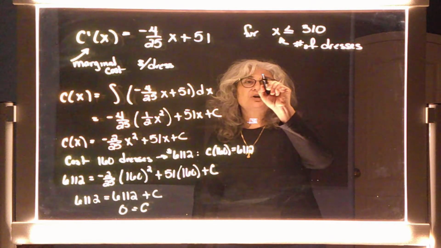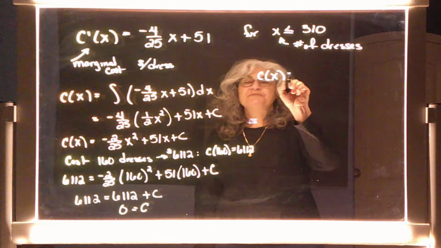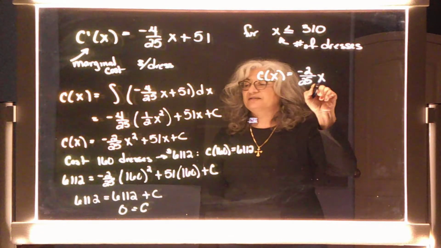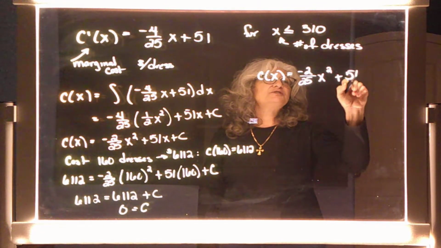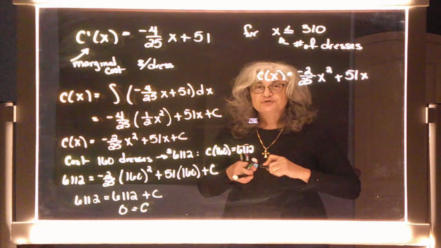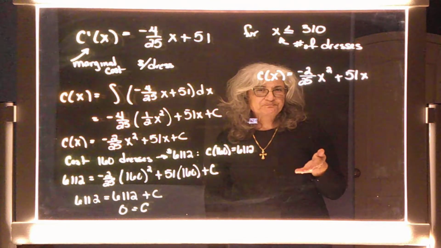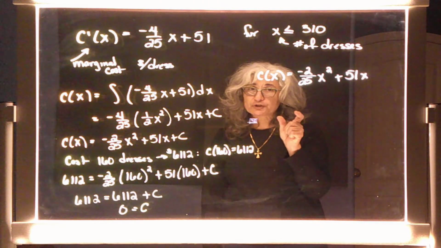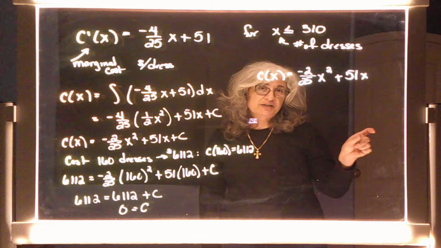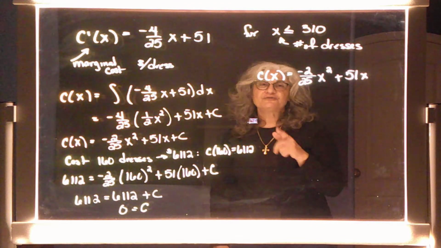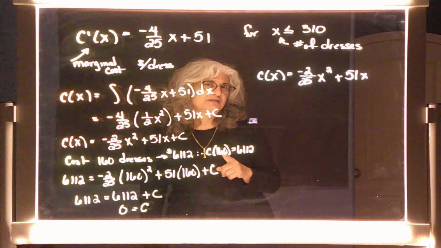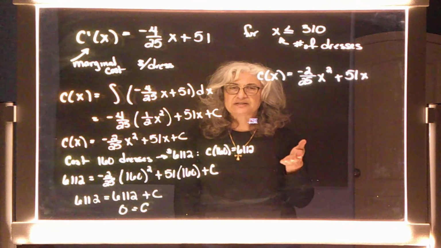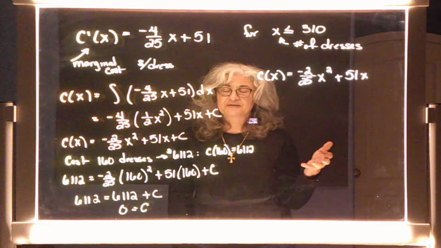So what's my actual cost function? Yep, C of x equals negative 2/25 x squared plus 51x. All right, so what do they want? They want the cost of producing the 161st dress to the 220th dress. Now be careful on how you're thinking about doing this, because some of you may say, well, let me take 220 minus 161 and find that cost.